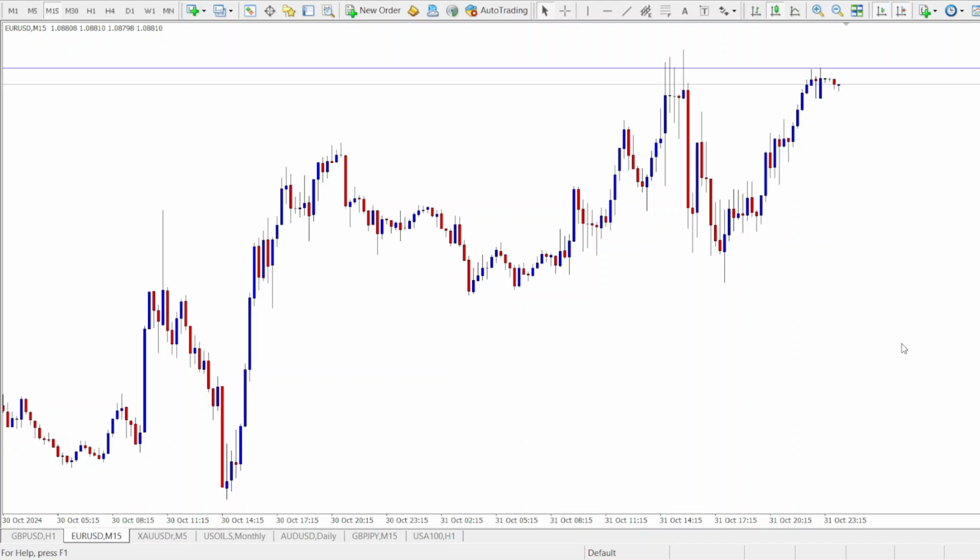All you need to do is have your moving averages, and when one of the moving averages crosses over the other, you get your signal. It's very easy. As easy as it sounds, it's also effective. So without further ado, let's get right into it.